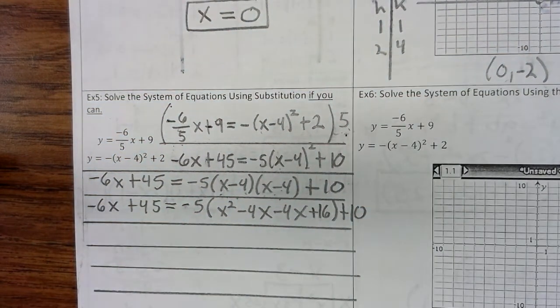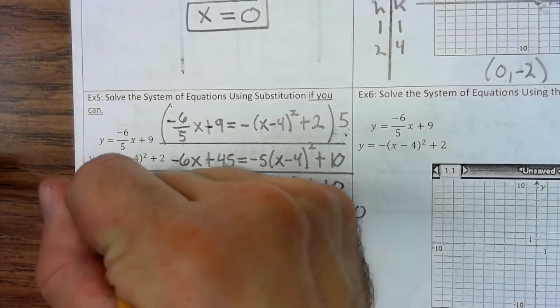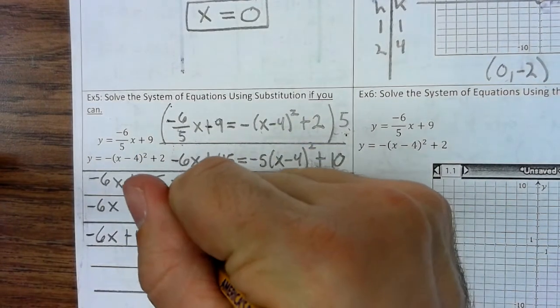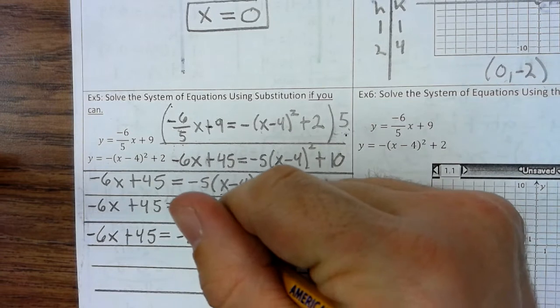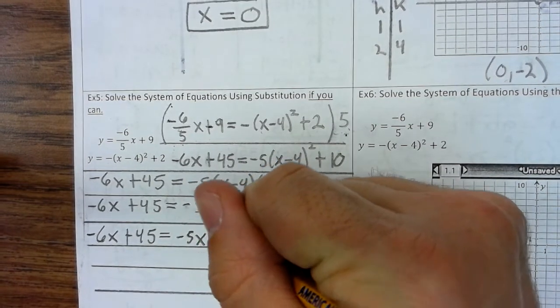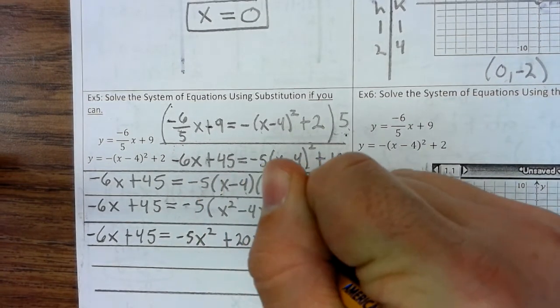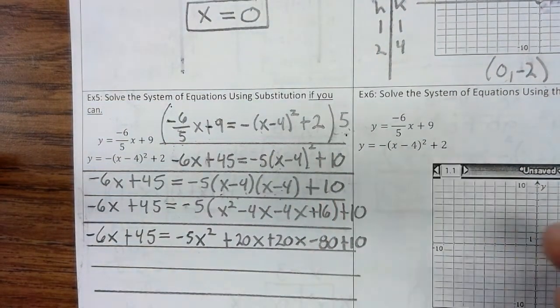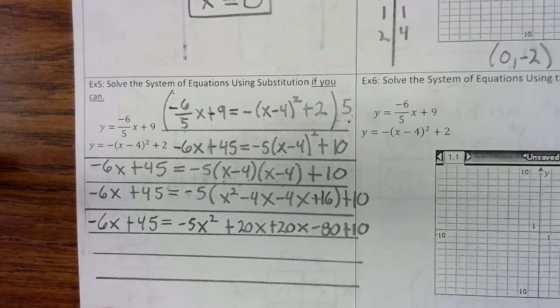All right. So now we distribute the negative 5. So then that's negative 5x squared plus 20x plus 20x minus 80 plus 10. Okay.